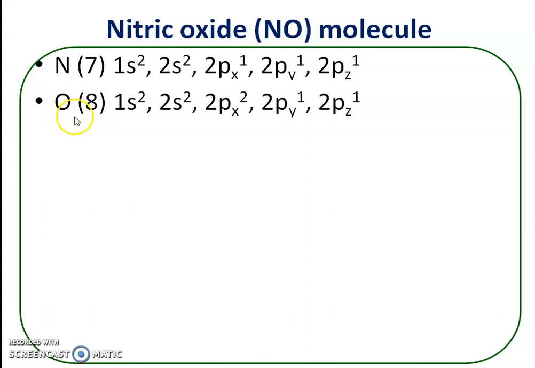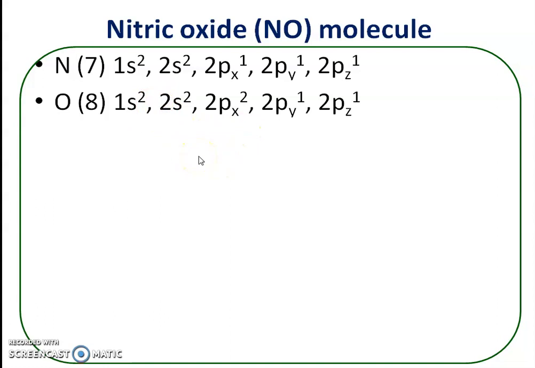Oxygen belongs to the 16th group, and there are 6 electrons in the outermost shell. The atomic number of oxygen is 8, and its configuration is 1s2, 2s2, 2px2, 2py1 and 2pz1. So in the outermost shell there are 6 electrons.